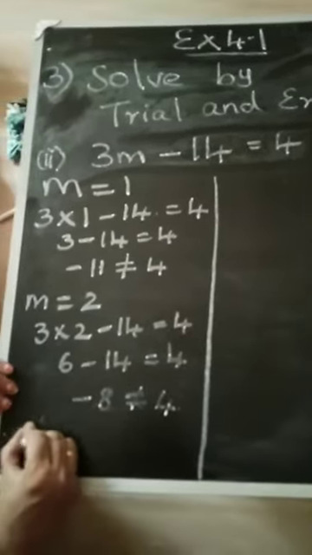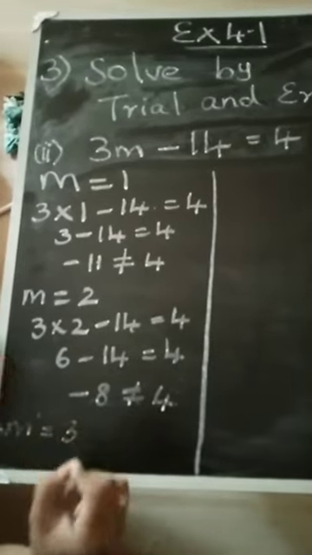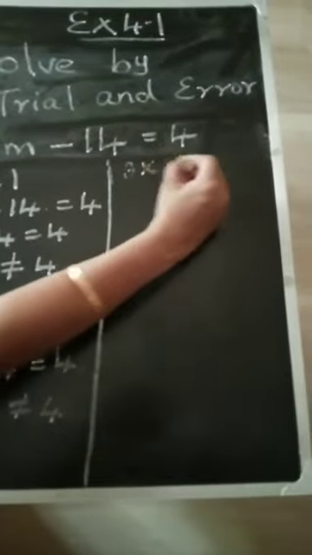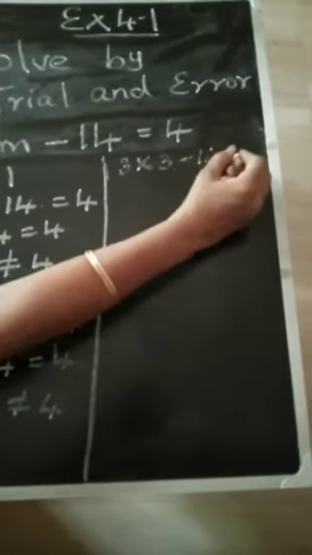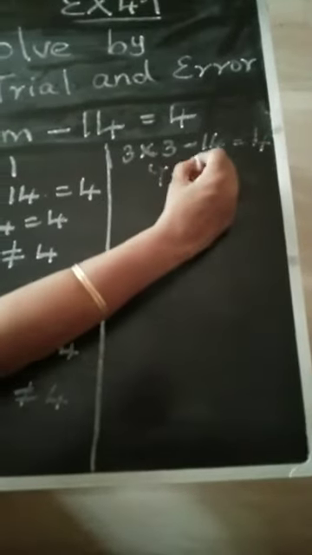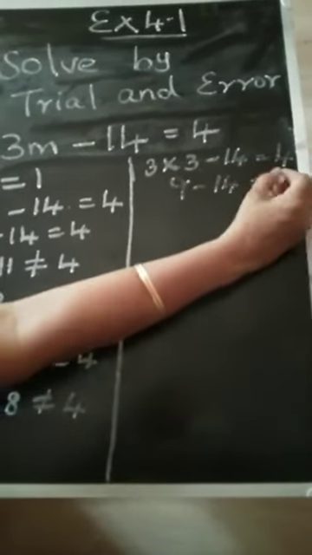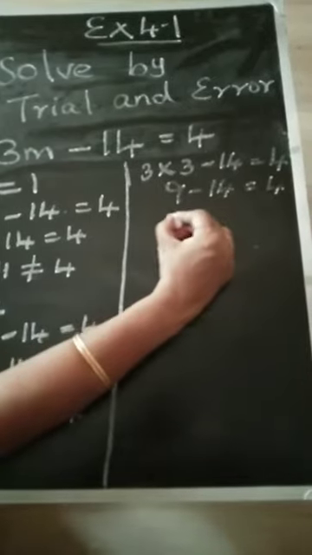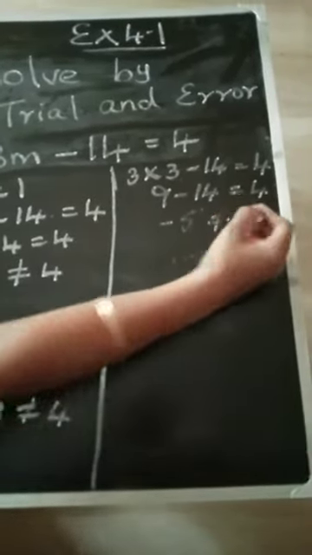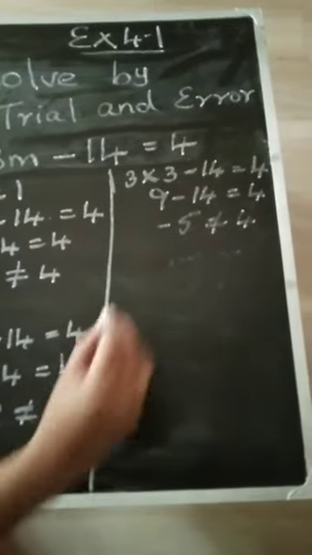Then m is equal to 3. 3 into 3 minus 14 is equal to 4. So 9 minus 14 is minus 5, not equal to 4.